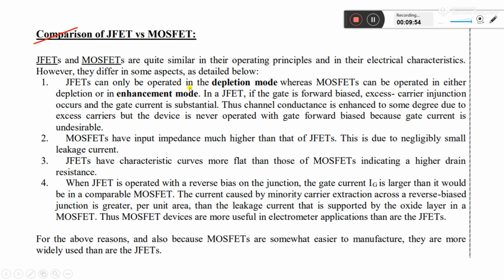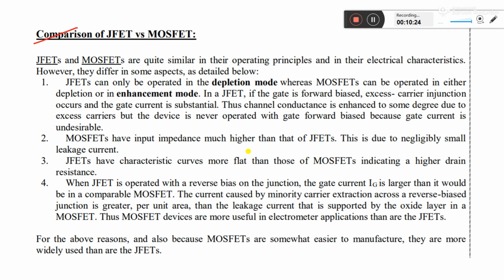If you're talking about the enhancement type of MOSFET, then there is no formation of a channel between the drain and source, but actually there is a formation of an inversion layer. How could it be found? In the enhancement type of MOSFET, the gate is strictly connected to the positive terminal, and it must be maintained in enhancement mode only.